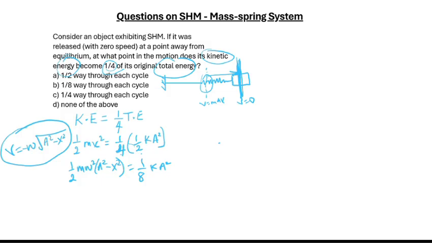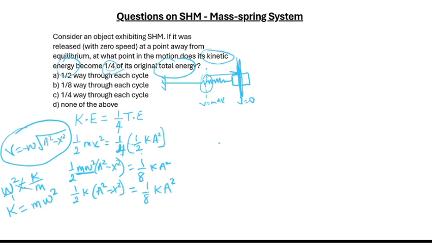Remember that from omega square equals k over m, I can say that my k is equal to m omega square if I cross multiply. So I can represent this m omega square as my k. So I will say half k times a square minus x square equals 1 over 8 k a square.